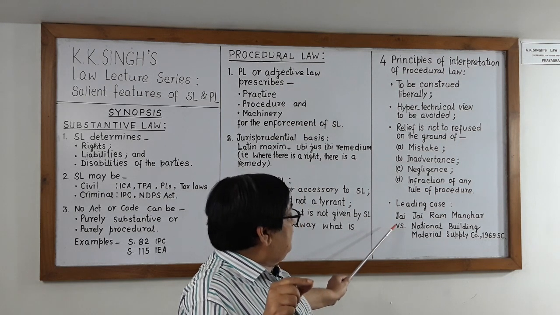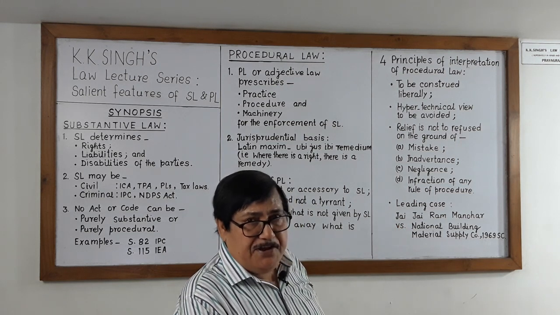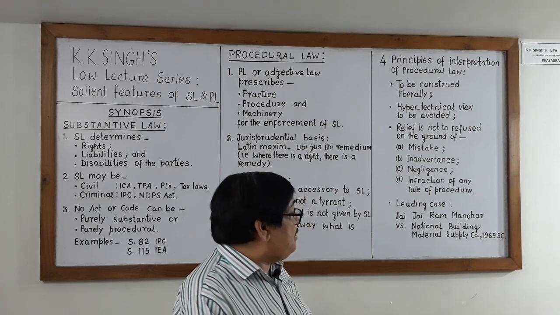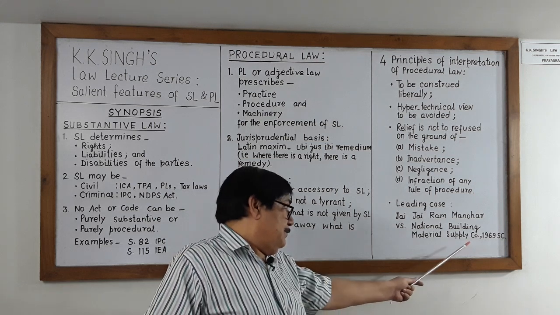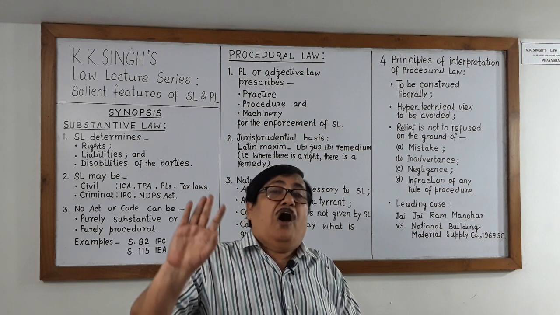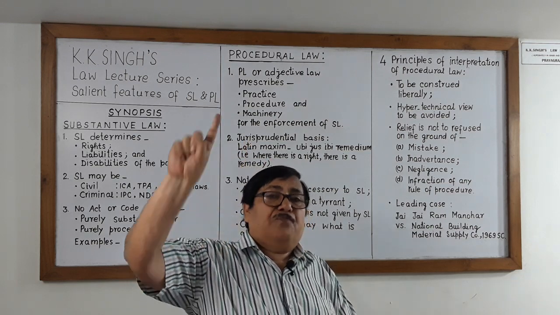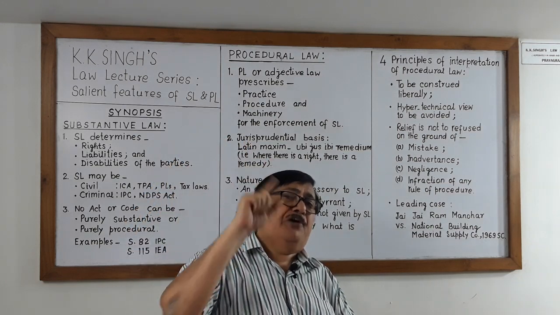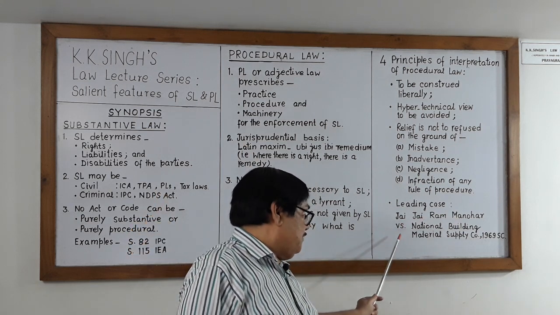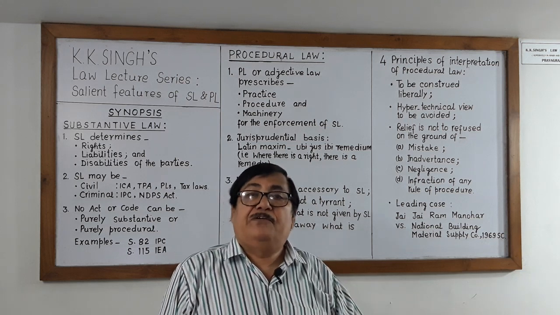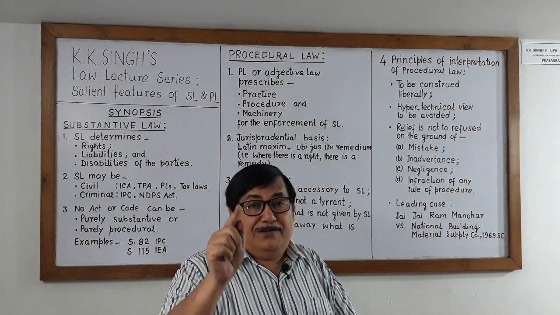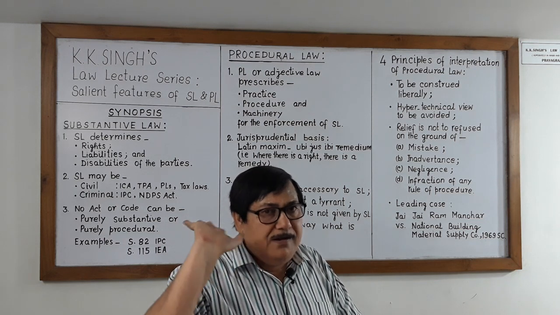See here, this is the leading case. Jai Ram Manohar versus National Building Materials Supply Company, 1969 Supreme Court. This is a leading case on how to interpret a rule of procedure. First, in interpreting a procedural law, one has to be liberal.